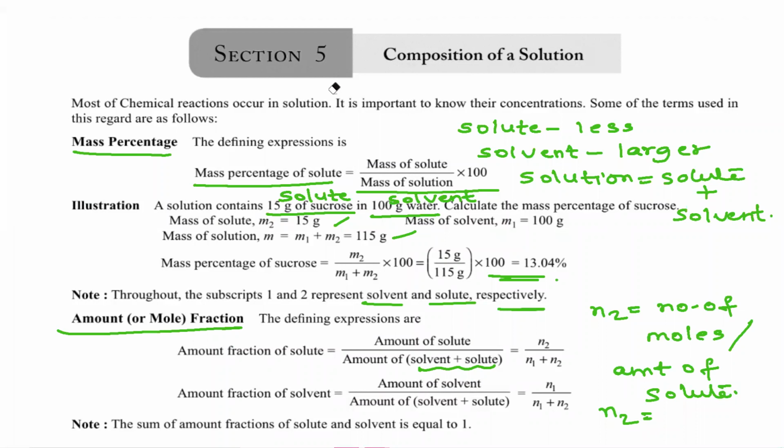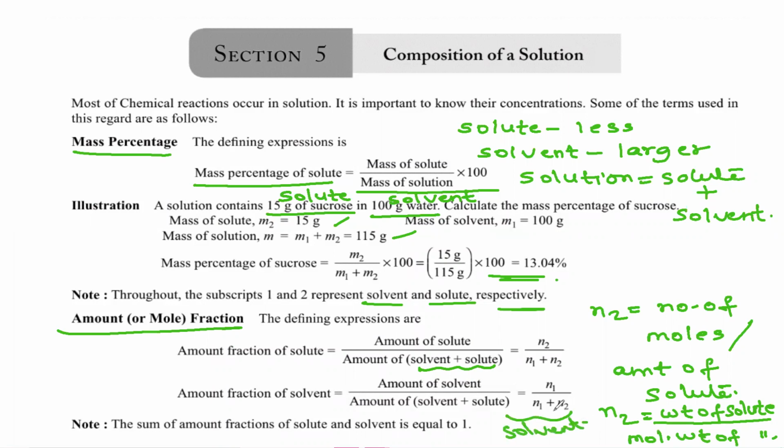N2 is equal to weight of solute by molecular weight of solute. Similarly, N1 is equal to weight of solvent by molecular weight of solvent.